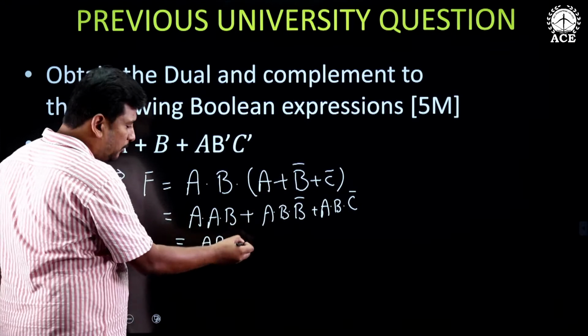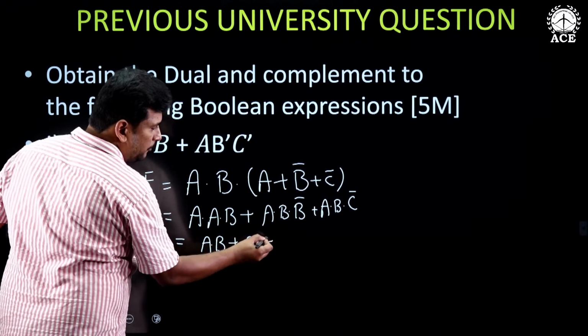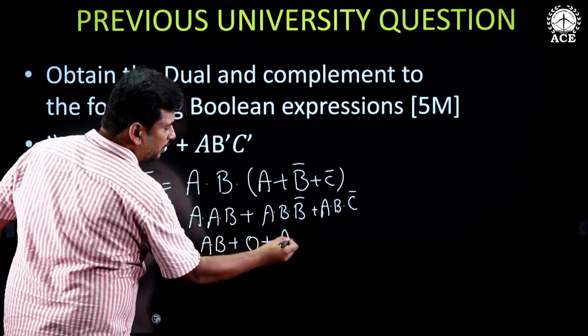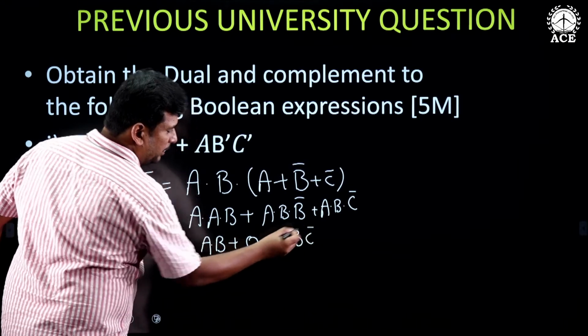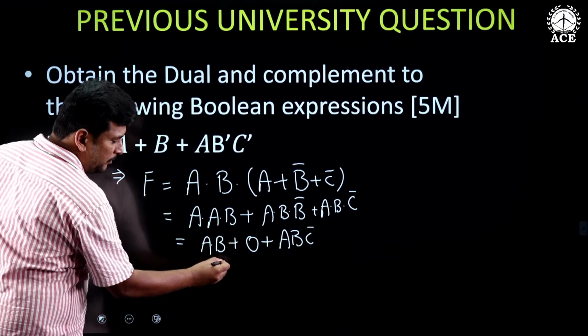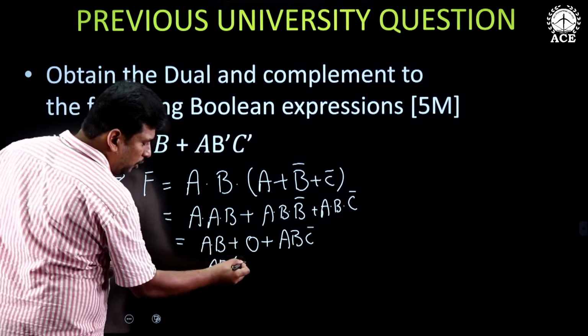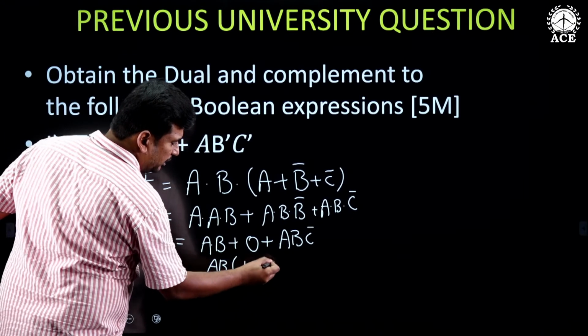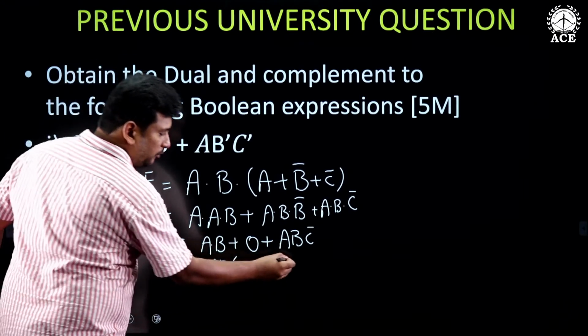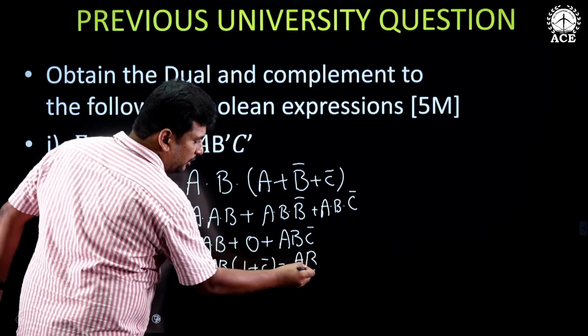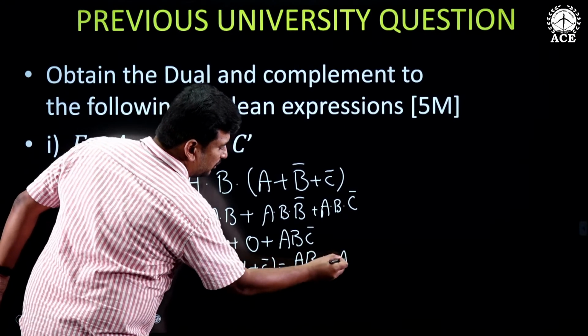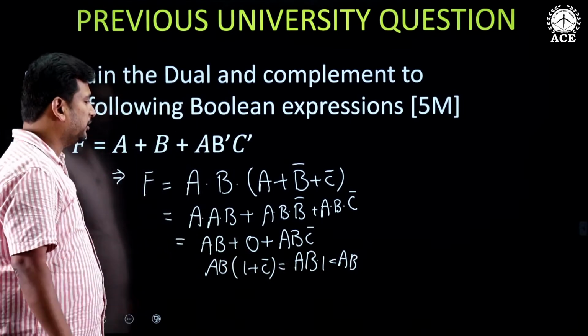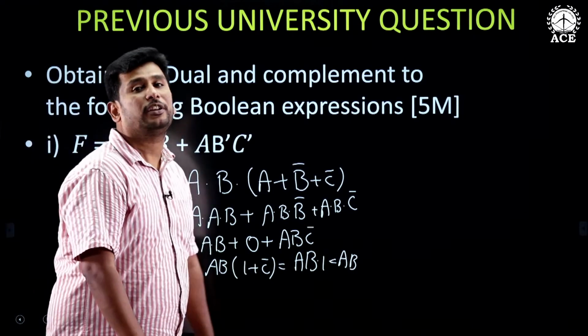A variable with its complement is 0, and you are left with AB C complement. Take AB common. We get 1 OR with C complement. We know anything OR with 1 is 1. So we are left with AB AND with 1. So this is one of the best examples where we are reducing the number of terms.